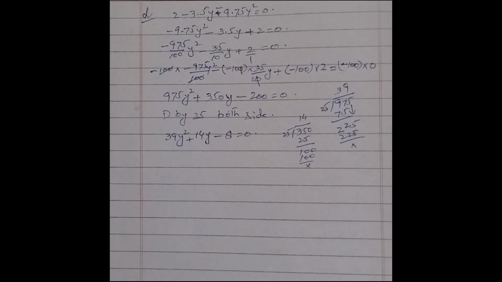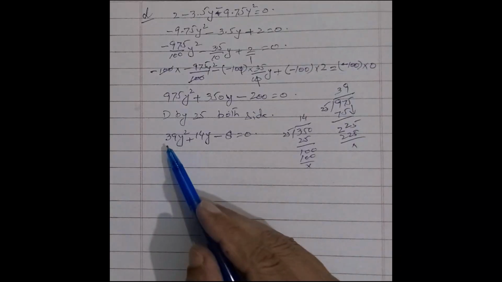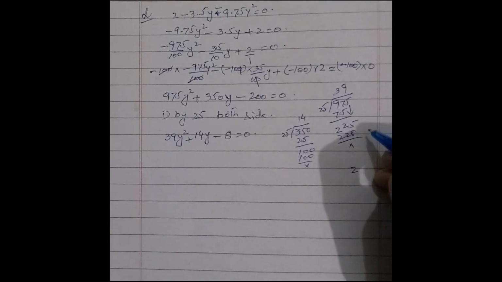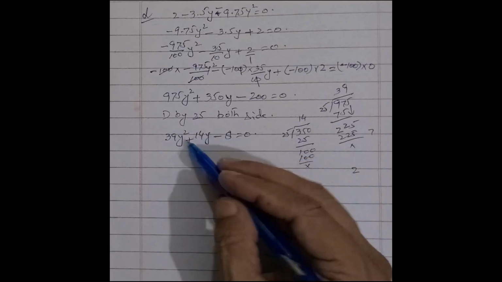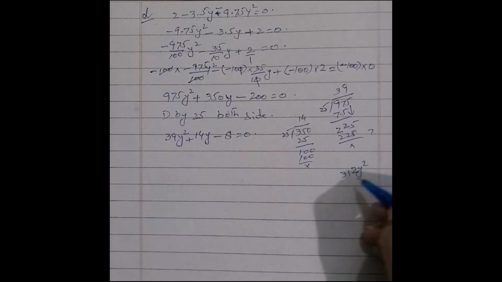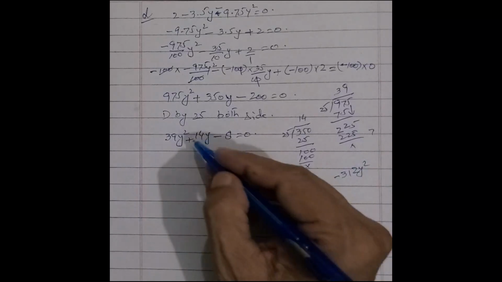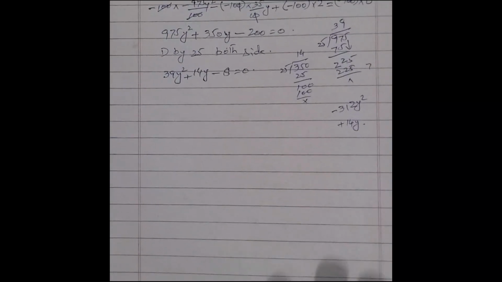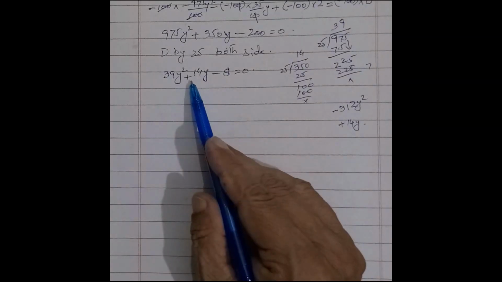Now it is the simplest form of the standard quadratic equation, and then we factorize these values. 39 multiplied by 8 gives 312, and it is minus, and the middle value is plus 14y. Now we find the two values and replace the middle term, which is 14y.